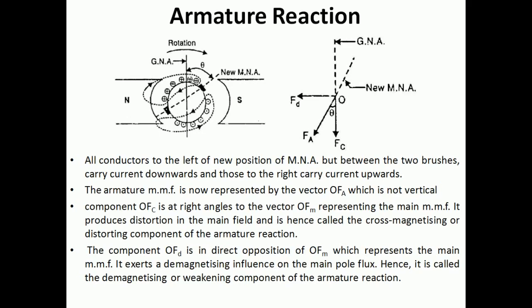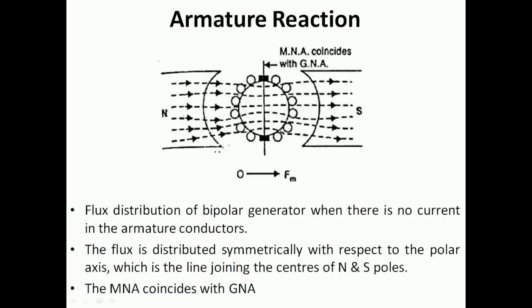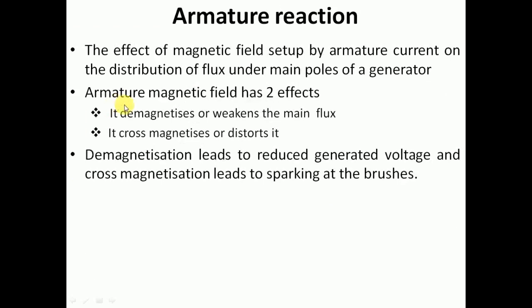This is what I have mentioned in the first slide. One of the effects of armature reaction is it demagnetizes or weakens the main flux. Demagnetization leads to reduced generated voltage.